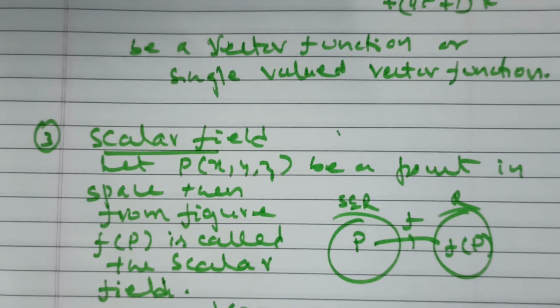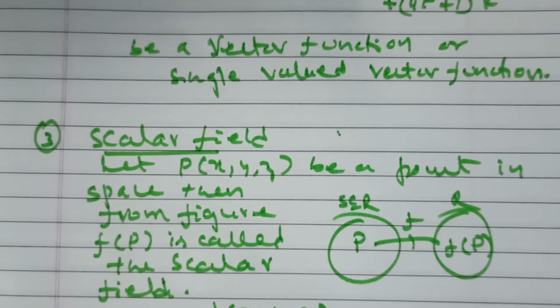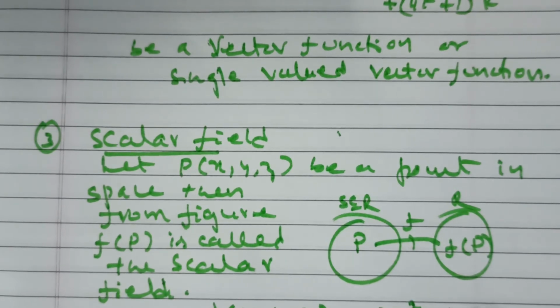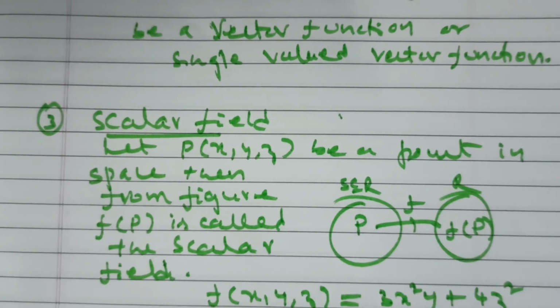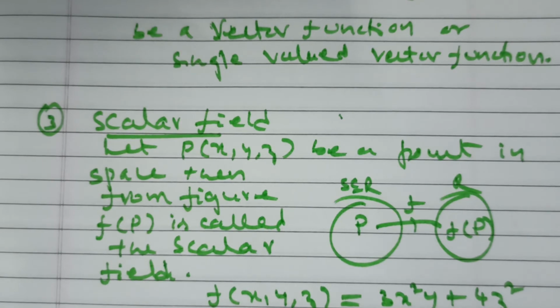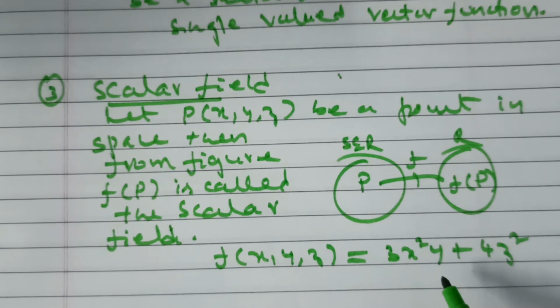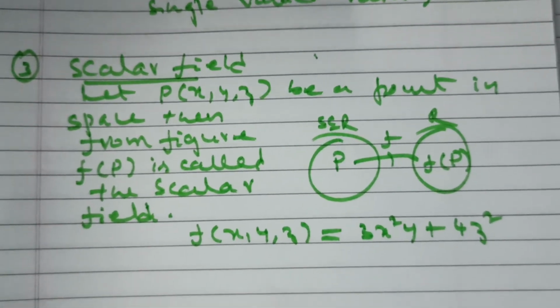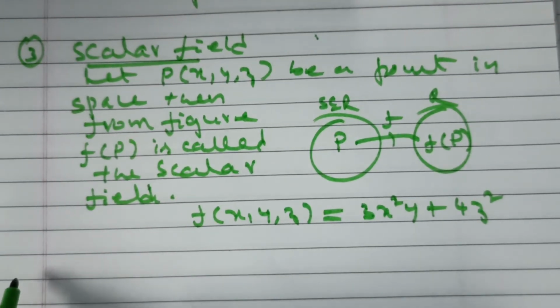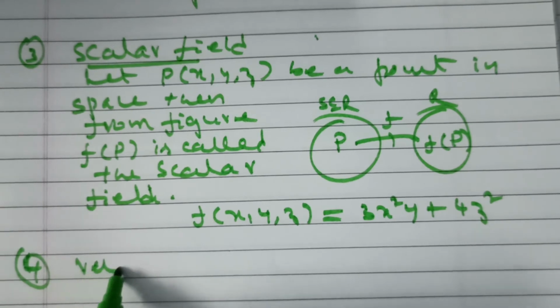Suppose f of x, y, z is equal to 3x square plus some y plus 4z square, a scalar function in terms of three variables, is called a scalar field. If we associate these variables with i bar, suppose, that is called a vector field. So the same we can define here. Fourth point, vector field.